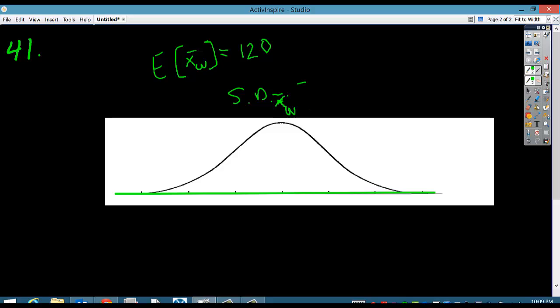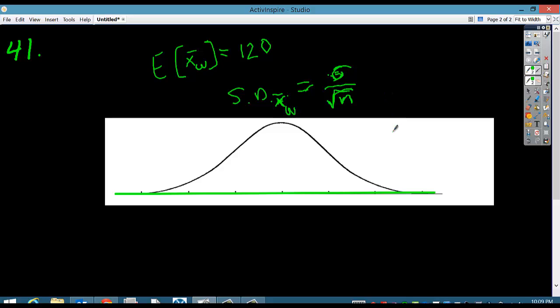is equal to the population standard deviation, as far as we know it, over the square root of n. However big my n is will have a big effect on how spread out my sampling distribution is.